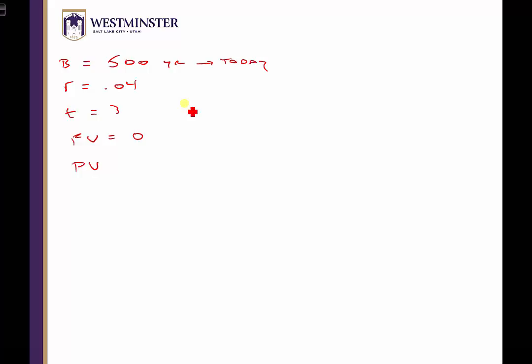So to set up this equation, we're still looking at present value is equal to the sum of some beta t divided by 1 plus r to the t. And when we express this out, that's going to be equal to $500 divided by 1.04 to the 0.